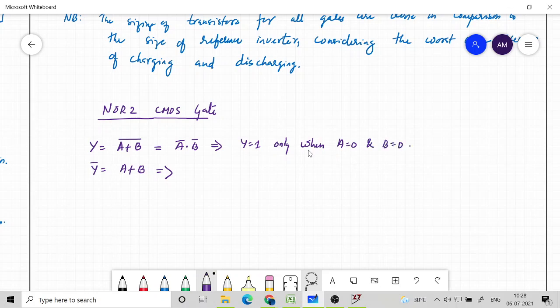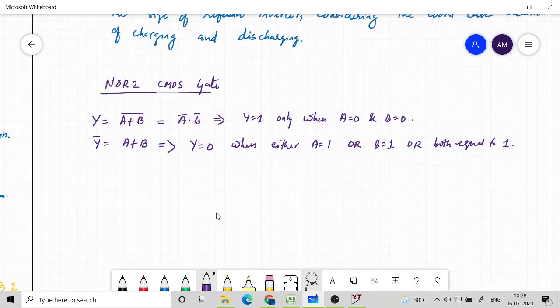That means A bar equal to 1, B bar equal to 1, A bar into B bar equal to 1. So this is the only case in which Y should become 1. Whereas here Y is equal to 0, so we are taking Y bar, the complement of that. There are various cases when either A equal to 1 or B equal to 1 or both equal to 1. Okay, there are three cases.